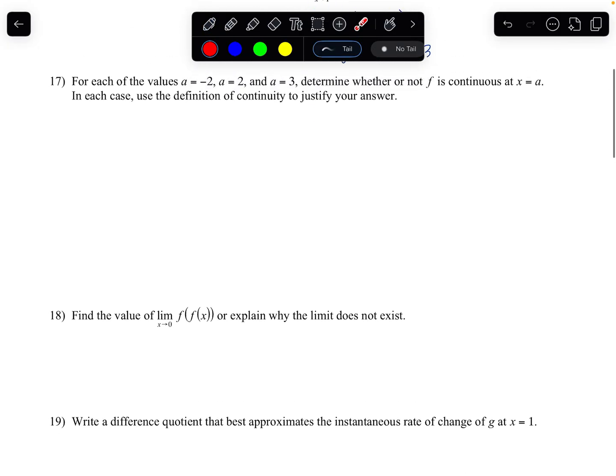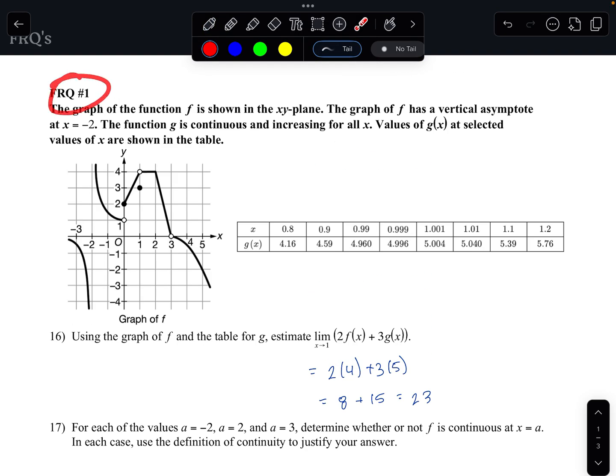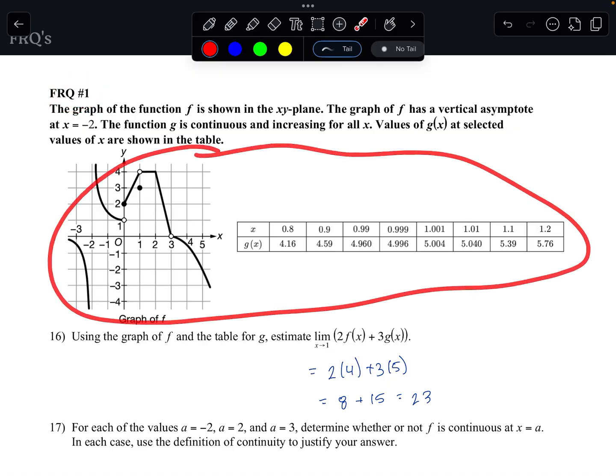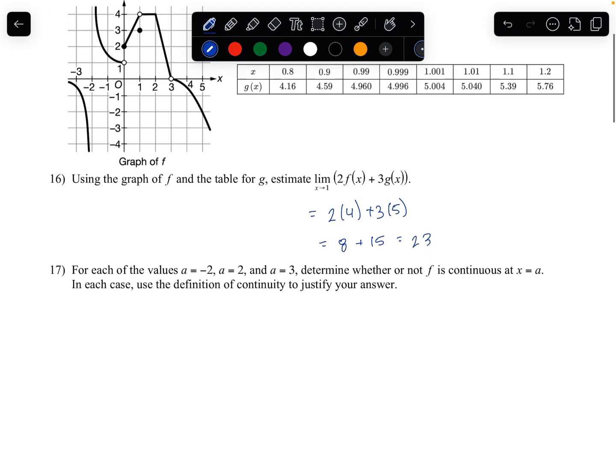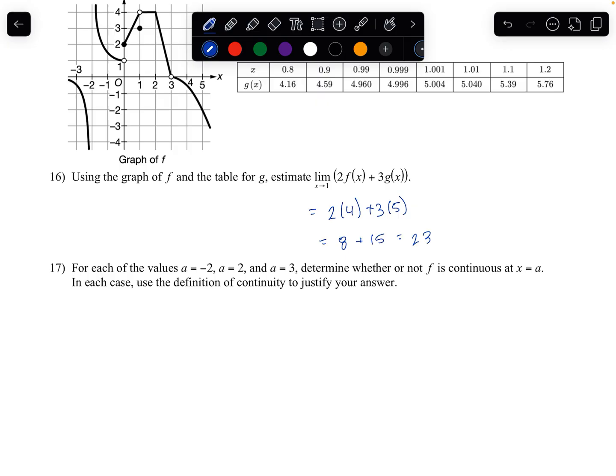So 16, 17, 18, 19, these all have to do with this information here. For each of the values a equals -2, a equals 2, and a equals 3, determine whether or not f is continuous at x equals a. In each case, use the definition of continuity to justify your answer.